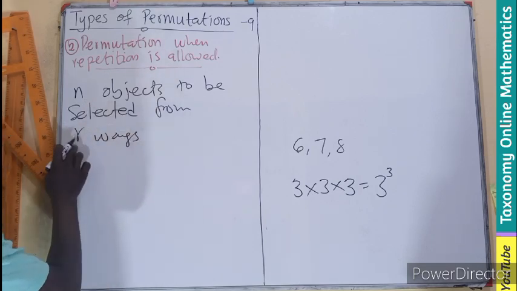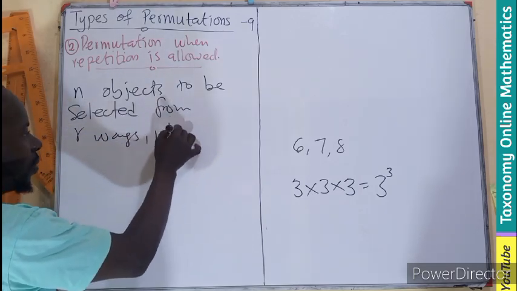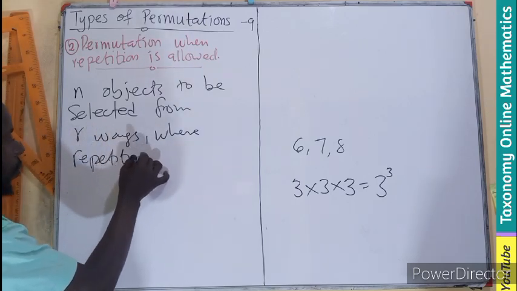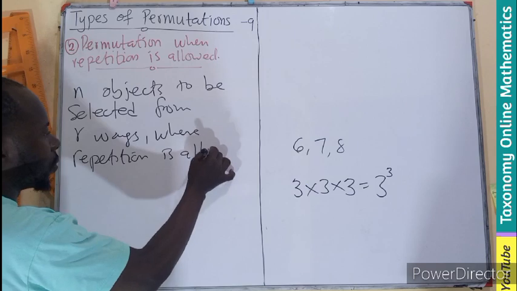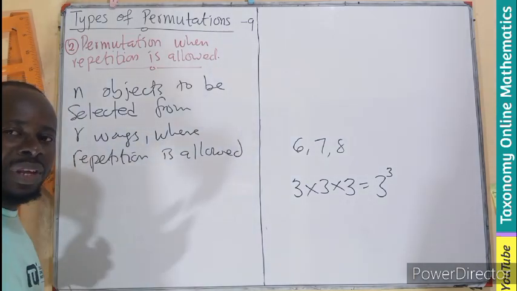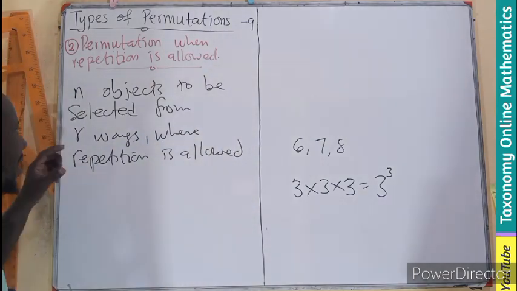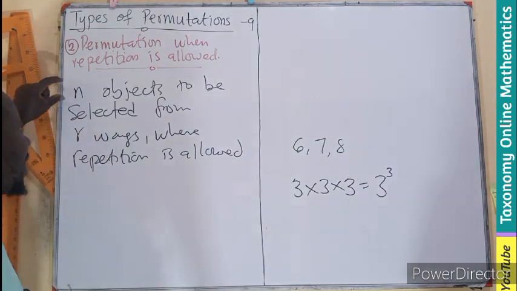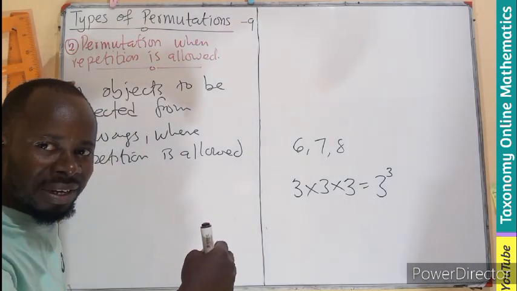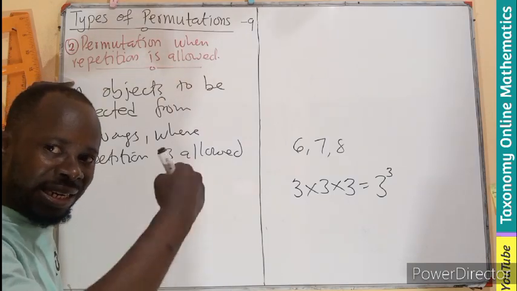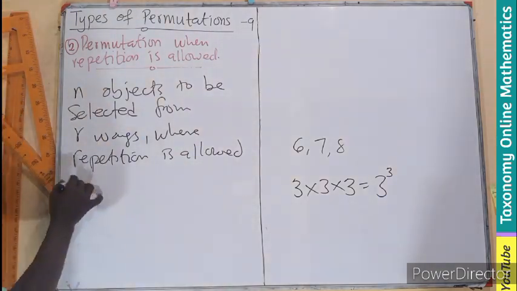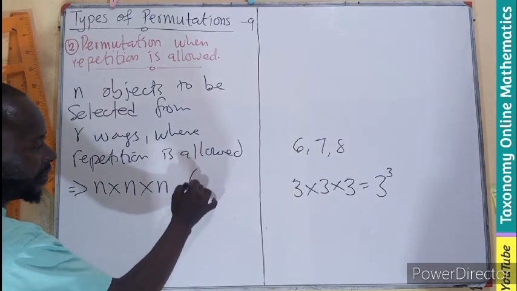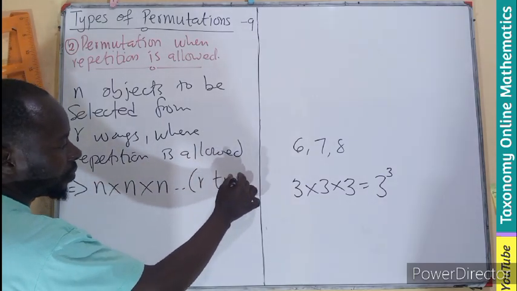That is the way we are going to have, where repetition is allowed. This simply means that the number of ways by which this can be done should be n ways at each time, n different times. So that is going to give us n times n times n, r times.